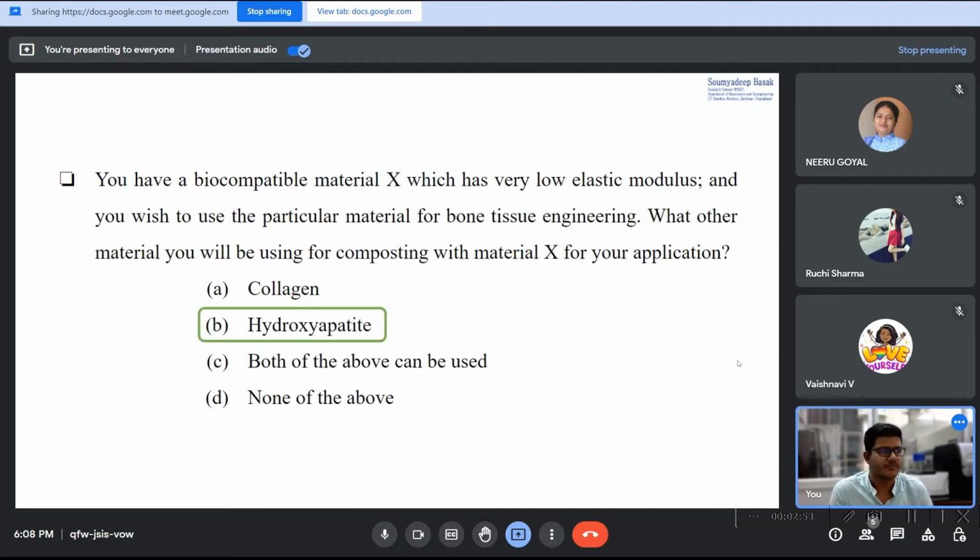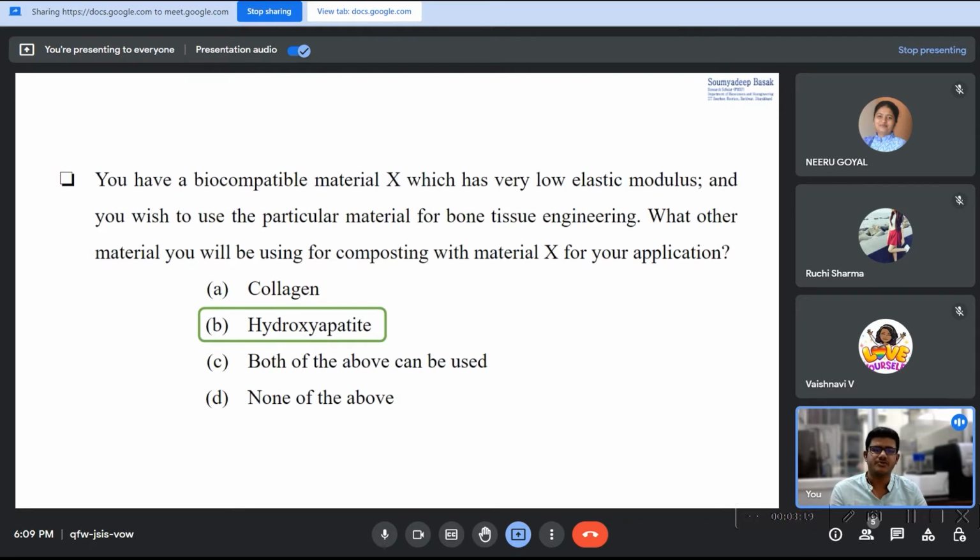Why am I saying this? In the question we have mentioned that it has a very low elastic modulus. When a question mentions that some material has a very low elastic modulus, that means the material is elastic, more plastic in nature. It can be stretched, and it is not the strong material that is needed for bone tissue engineering.